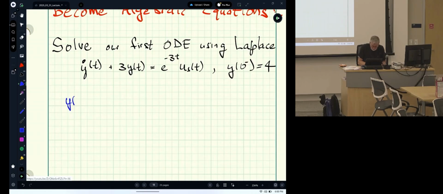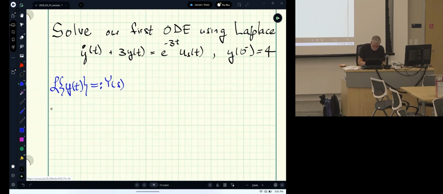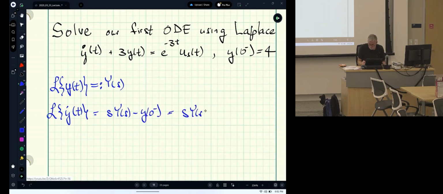So if I now define the Laplace transform of y of t is Y(s), the Laplace transform of y dot of t is s times Y(s) minus y at 0 minus, equals sY(s) minus 4.